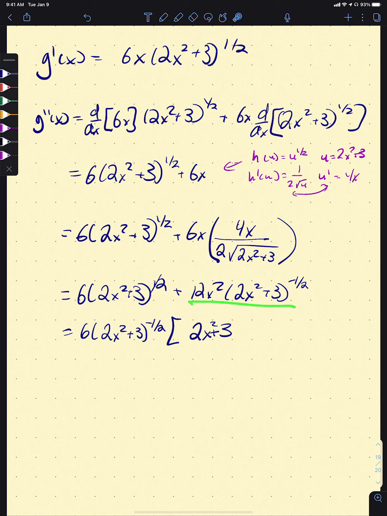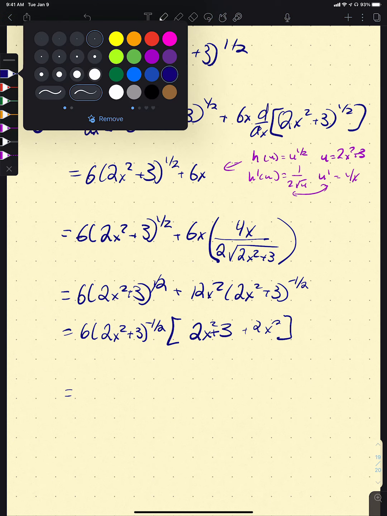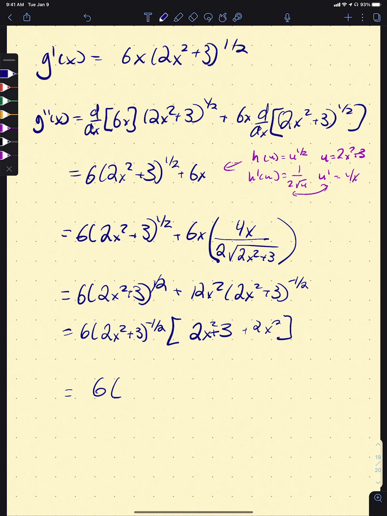And then out of this one we're just going to get a 2x squared, okay? And once we run through all of this simplification, this guy's going to go down to the bottom, and then these are going to have some common factors. It looks like we're going to get 6 times (4x squared plus 3) over the square root of 2x squared plus 3, right? That's our second derivative.